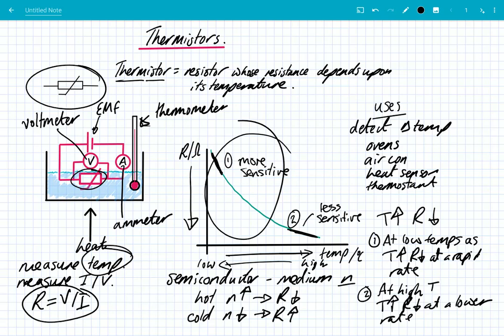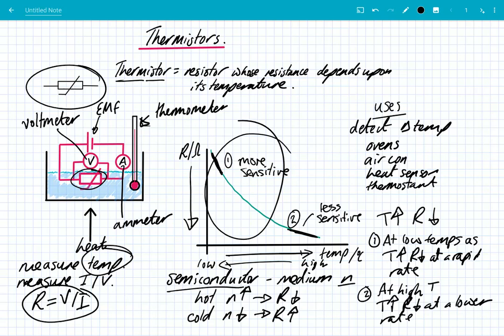So in summary, thermistor is a thermal resistor. It's a resistor that depends upon the temperature of its surroundings. It's used to detect temperature and temperature changes in ovens, air cons, heat sensors, and thermostats. And what's really important to remember is that it's made out of semiconductor material, which has got a medium number density of free electrons.